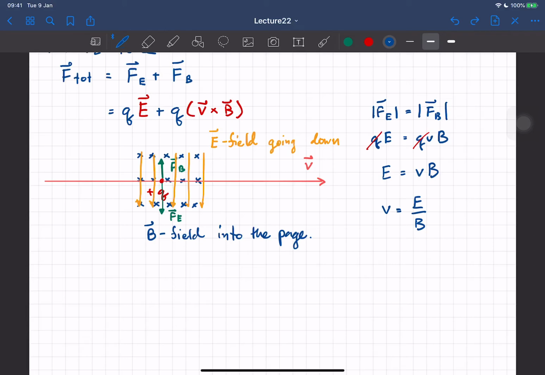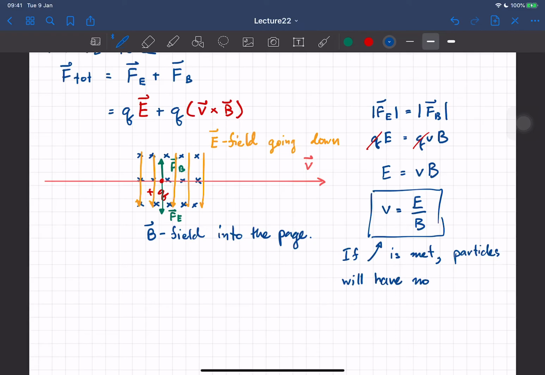So if this condition is met, then particles will have no deflection.